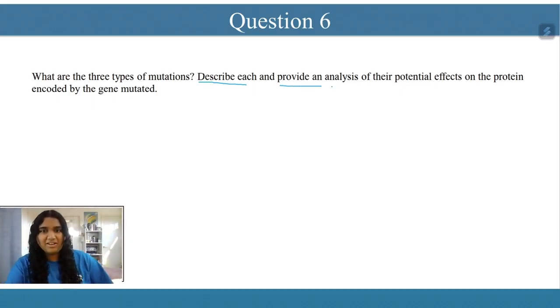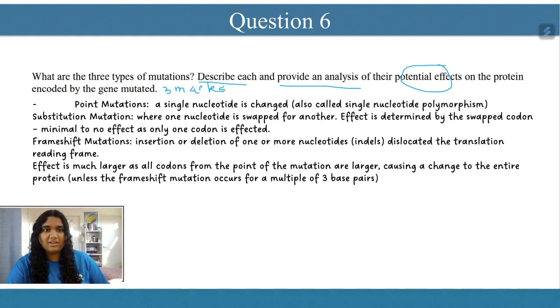It does say provide an analysis, but all you've got to do is state the potential effect. Let's say that this is a 3-mark question, so for each of the mutations, you get 1 mark. Give yourself 3 minutes, pause the recording, and go on with the answer.